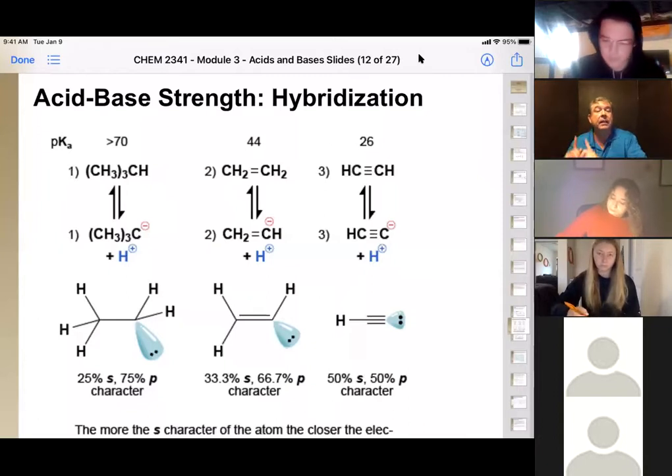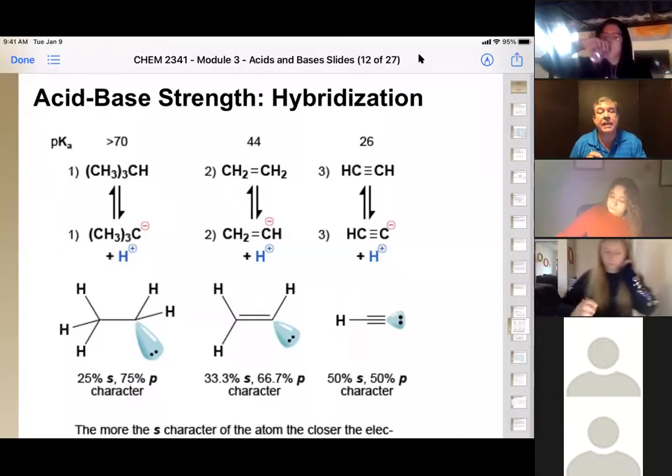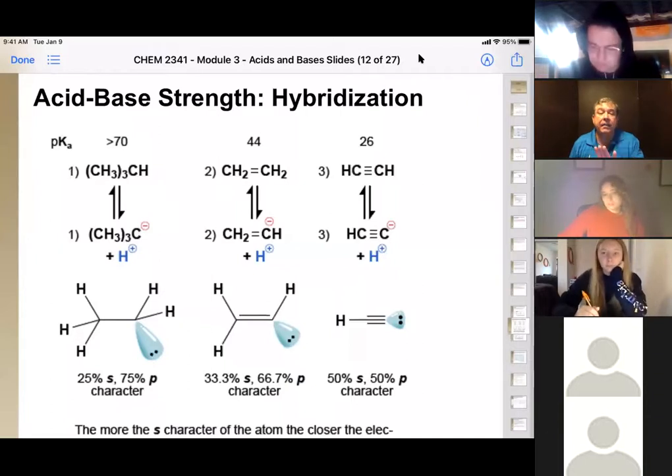So let's go to that last type of hybridization we have in carbon, which is the sp. That means it's half S, half P, and it should be able to stabilize the charge even more, making it more acidic. Okay, so let's look at the pKa values.